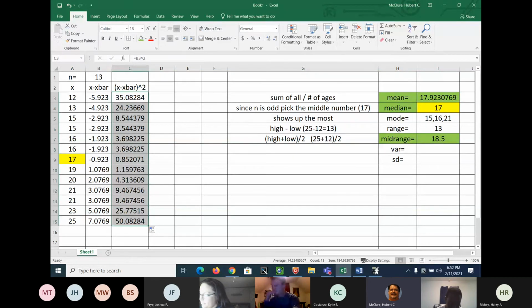Your virtual hand, okay? Once you get in positives, you don't have to put it in parentheses anymore, do you? Exactly. There you go.